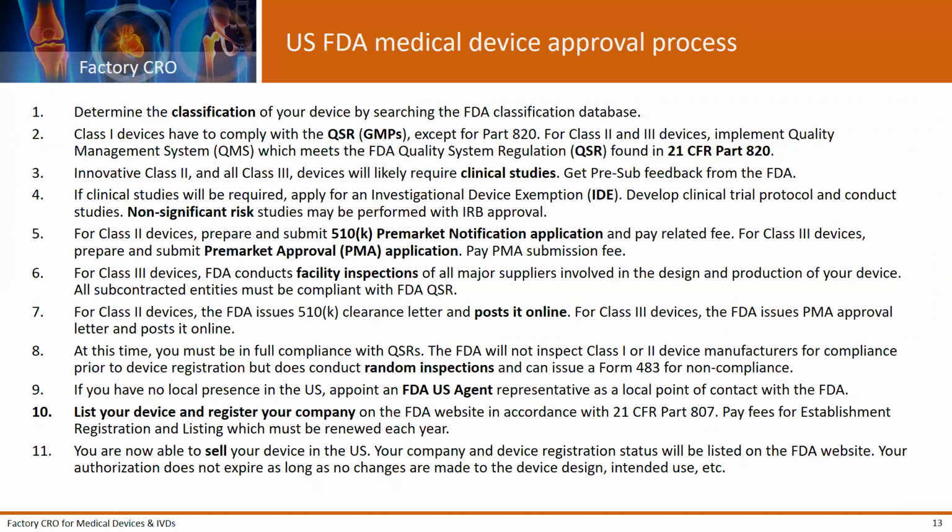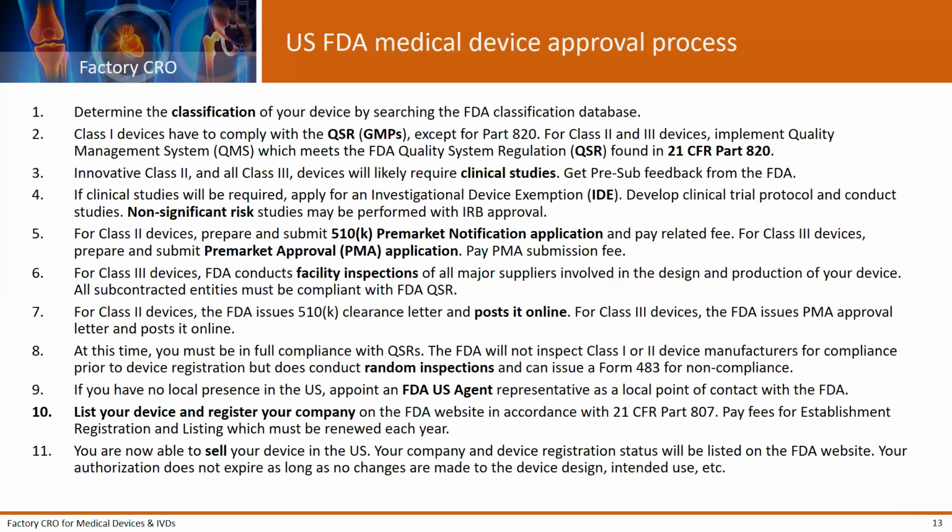What does the whole FDA medical device approval process look like? So we talked about classification, searching the FDA classification database, finding your 3-letter code. Class 1 devices do need to comply with QSR, the quality system regulations, and for class 1 devices, this comes down to good manufacturing practices, except for part 820 of the CFR.